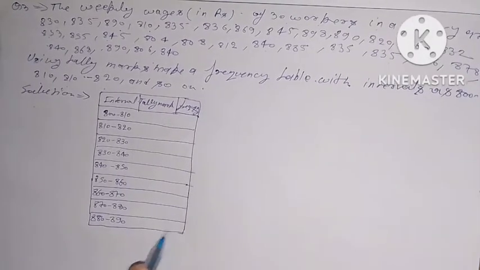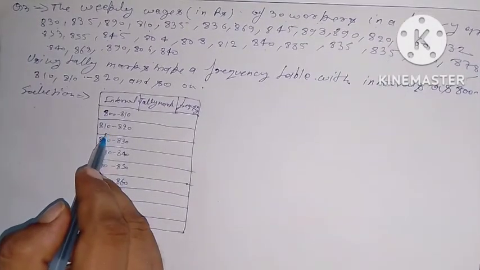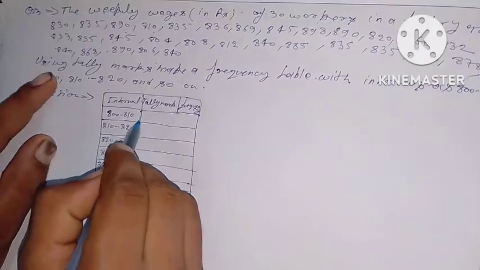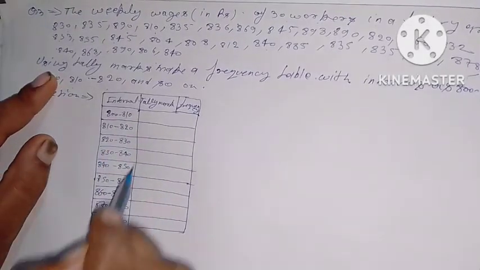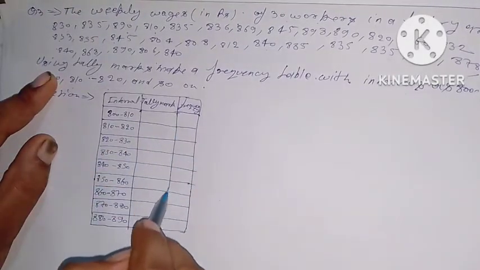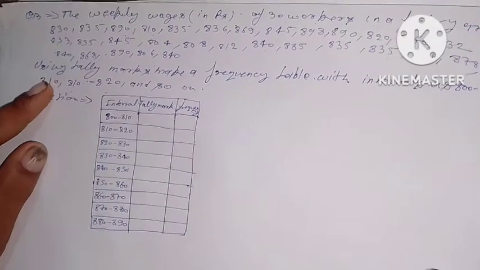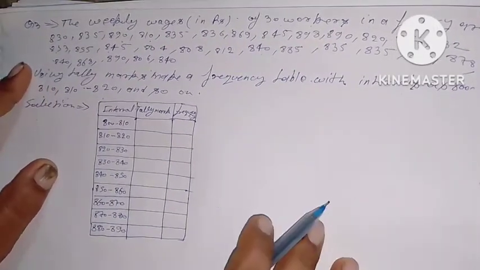This is the class intervals. And in the given data, we count how many times any number comes.